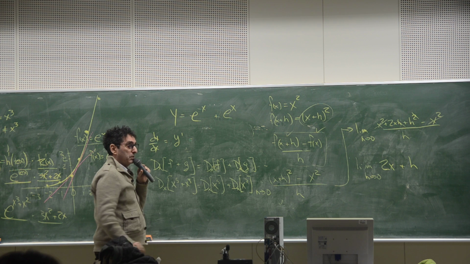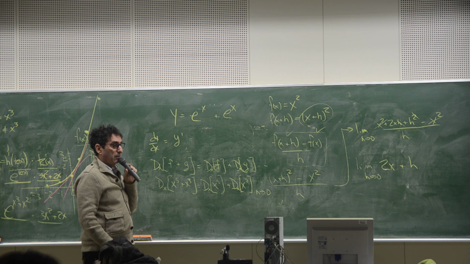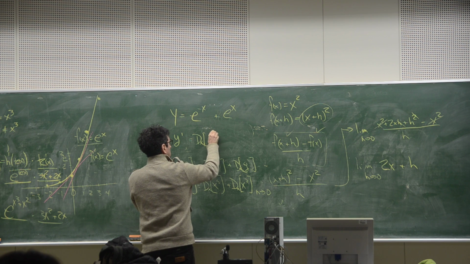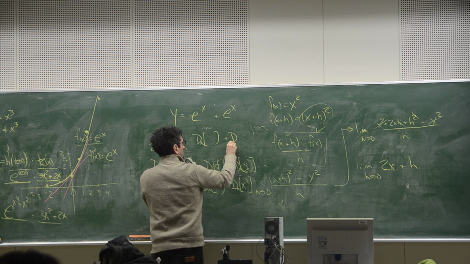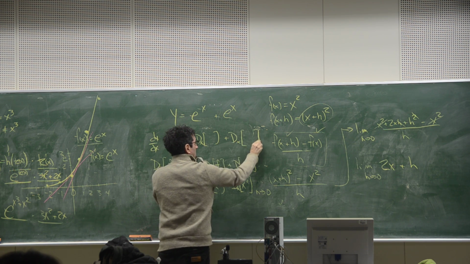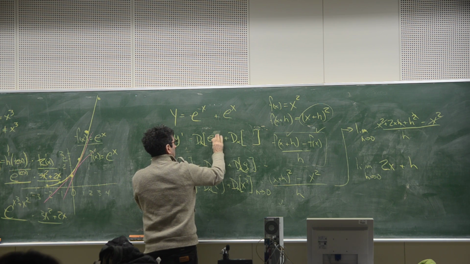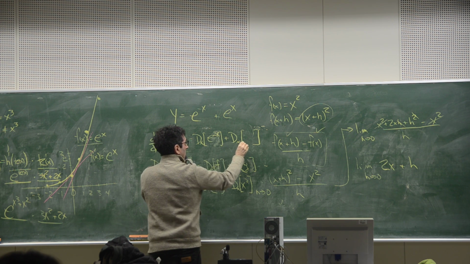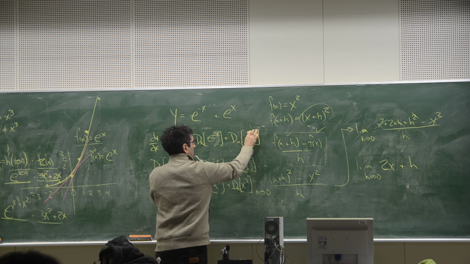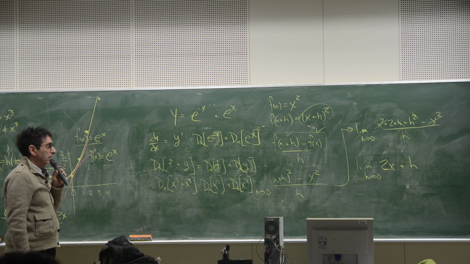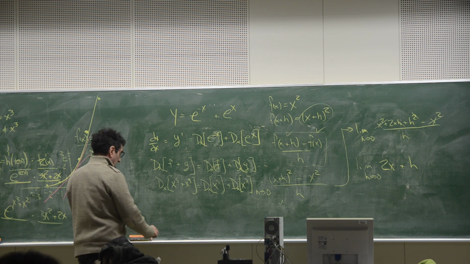The derivative of the first piece plus the derivative of the second piece. So the first piece is e to the minus x, and the second is minus e to the x. Okay? So we need to do that first.